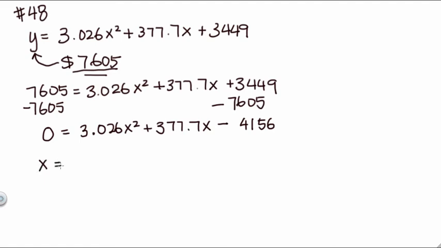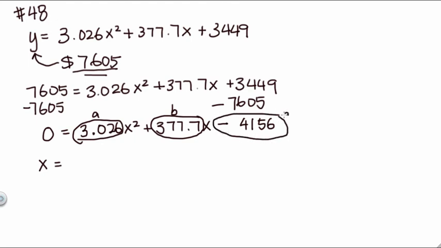So x equals, this value is my a, this value is my b. Because it's already in standard form, I can just pick out the values. And then this is my c. So we're going to plug things in.